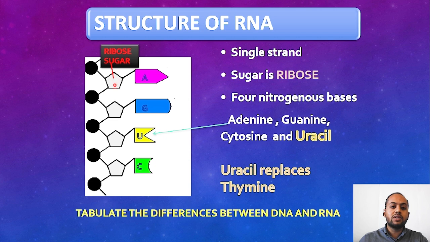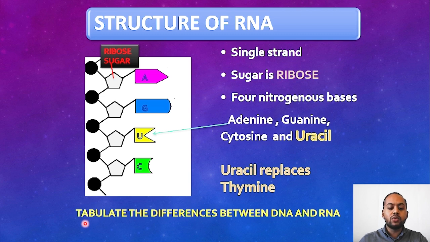The type of sugar that is evident here is ribose sugar. It's not deoxyribose as in the DNA molecule. And the possible nitrogenous bases will either be adenine, guanine, uracil, or cytosine. So that is the basic characteristics of the structure of a RNA strand.